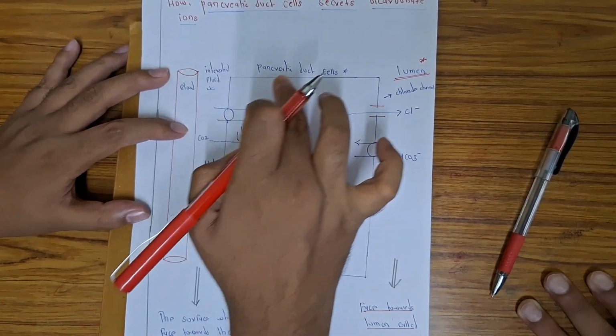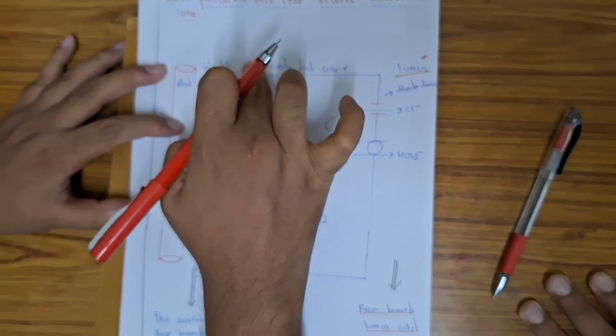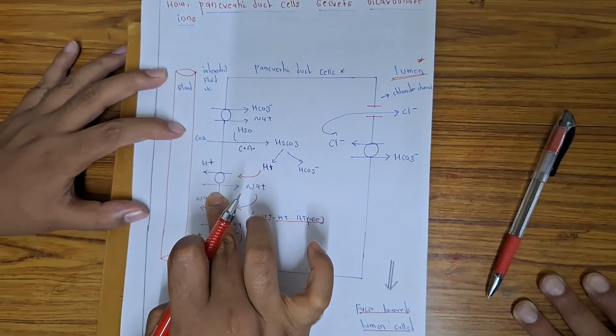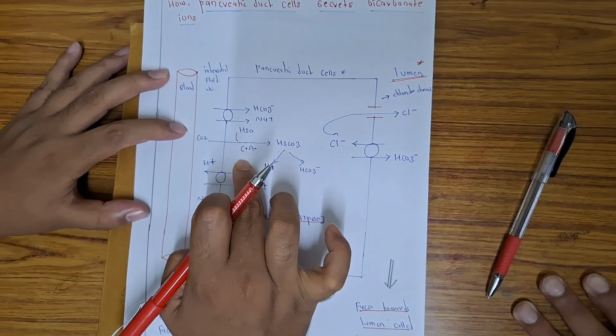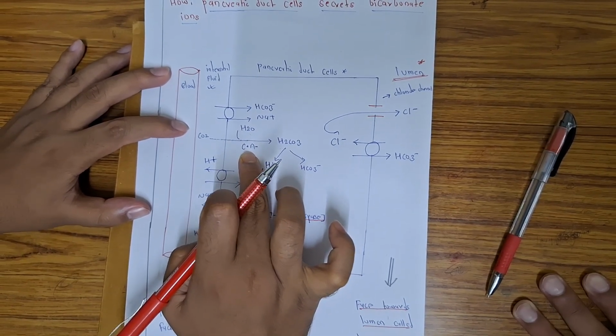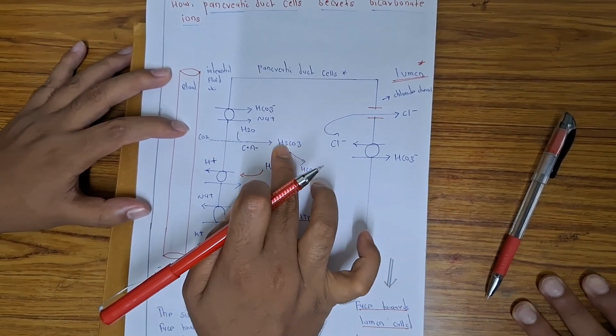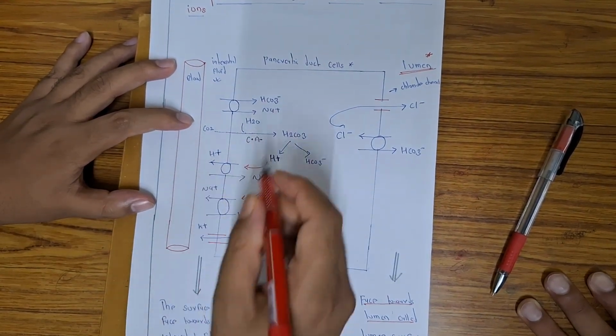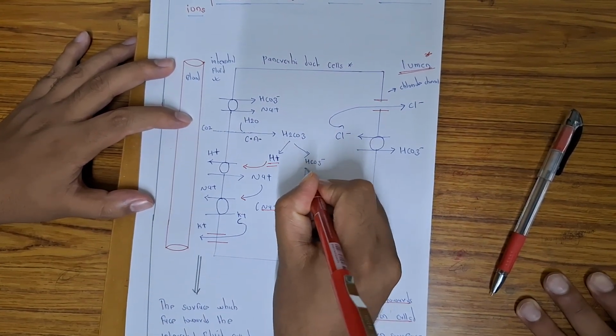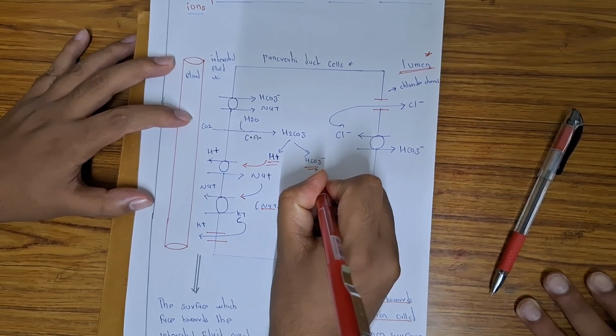This CO2 diffuses into the pancreatic ductal cells through the basolateral surface and combines with water, H2O, in the presence of the enzyme called carbonic anhydrase and forms carbonic acid. And this carbonic acid dissociates into H ions and bicarbonate ions.